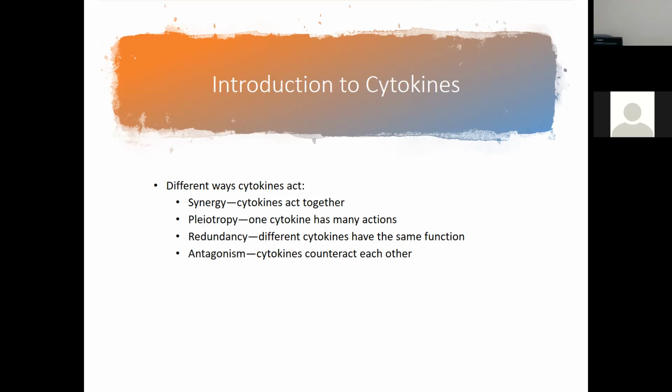Redundancy. Different cytokines have the same function. This is kind of like, I can do that, and so can I. And he can too, and I've got another one over here. This cell produces this one, and that can do this. So we see all this kind of role play. And so it's kind of like a play when you think about it. And then we have our antagonists where they counteract each other.